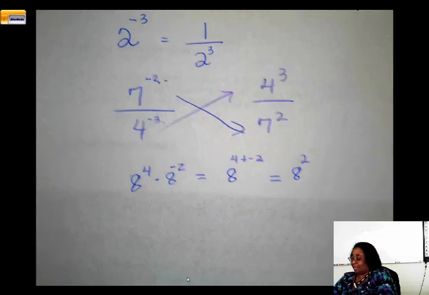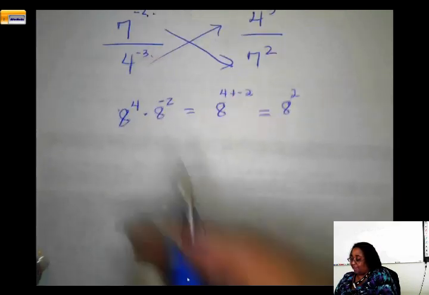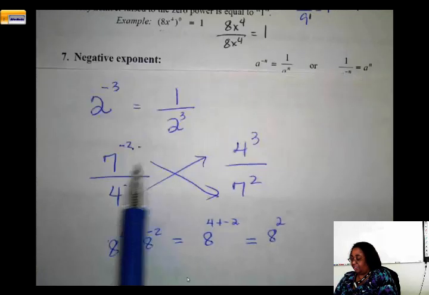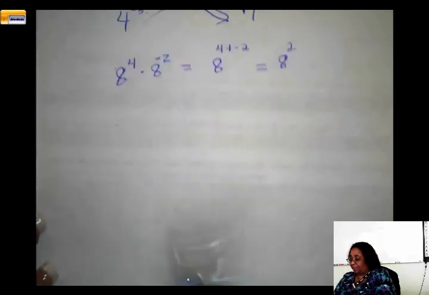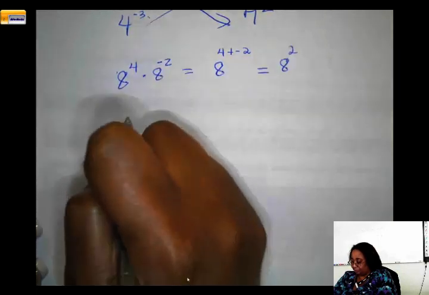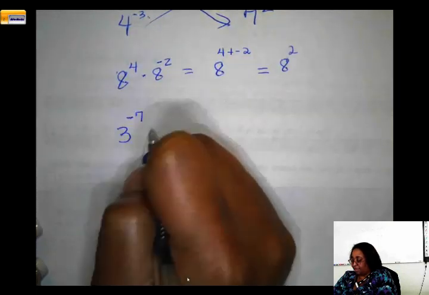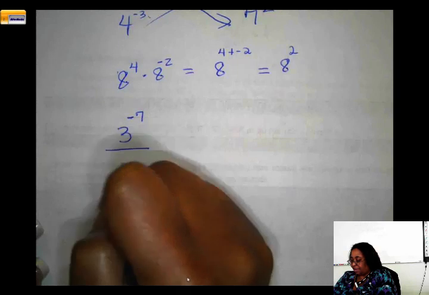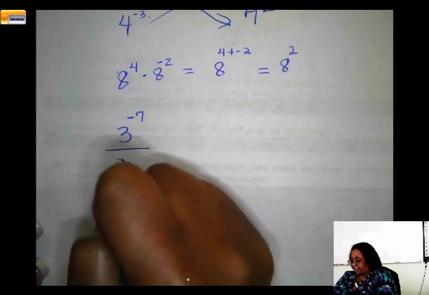All right? Now, we did a negative situation, negative and negative, but what if I had a base of 3 to the negative 7 divided by 3 to the 4th?